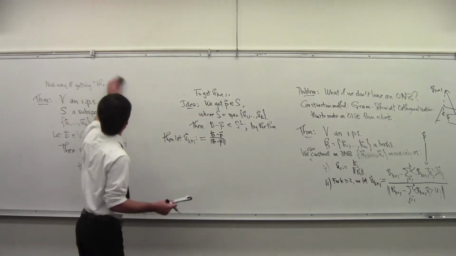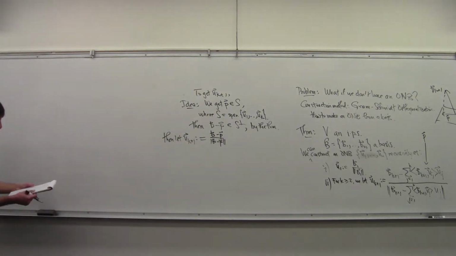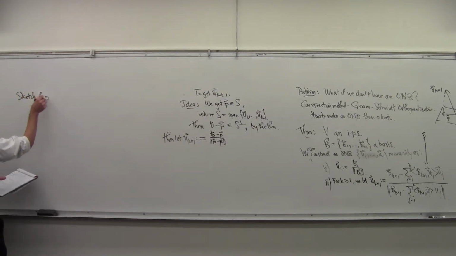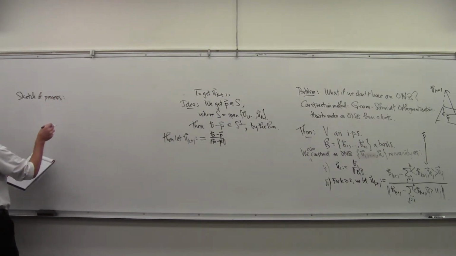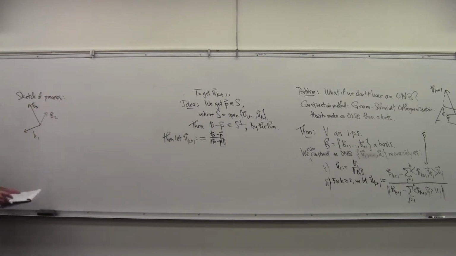Let me sketch the idea more graphically. Somebody gives you a bunch of vectors, B1, B2, B3, and says, could you make an orthonormal basis out of this?